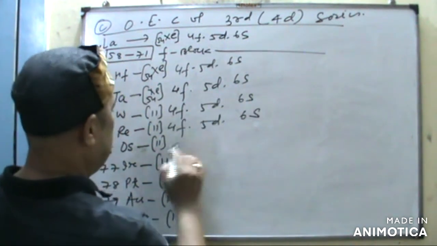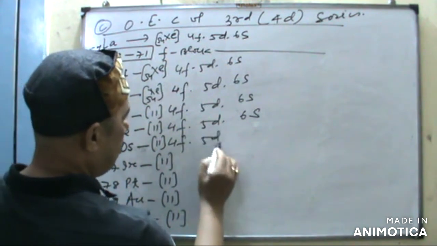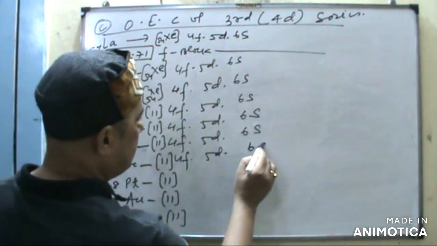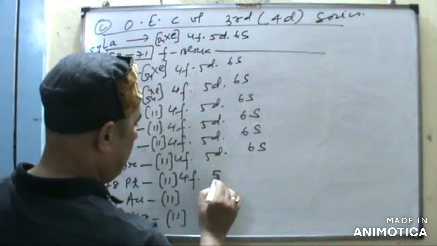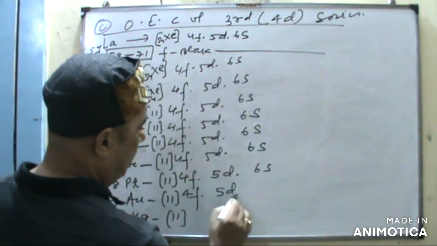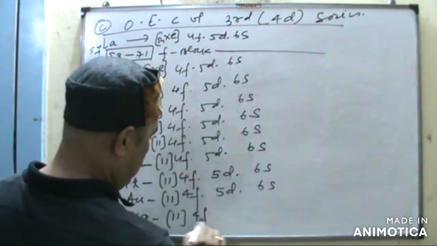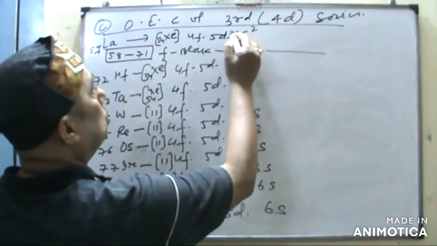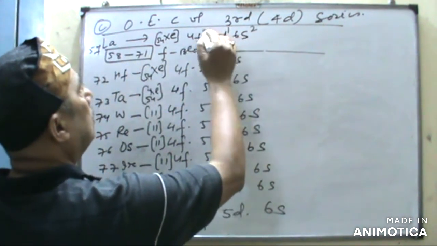You have to repeat it. This is 2 and 1, or it is 0.